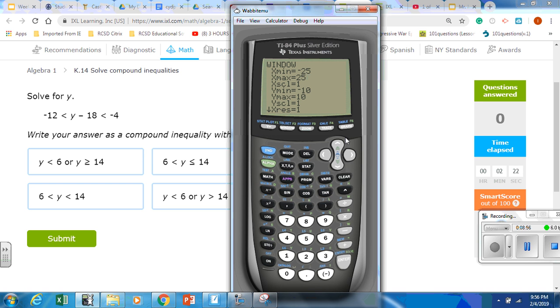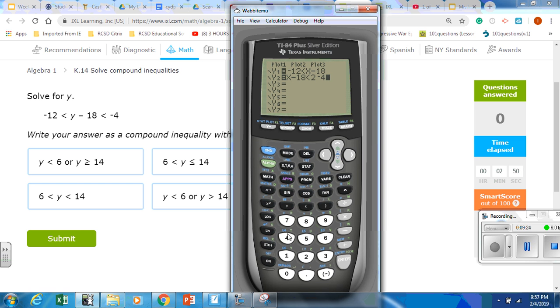So I hit graph, and what does it say? Okay. We're going to look at the table now, because the picture's not as nice as I would want, but the table should do nicely. Oh, that should be a negative.